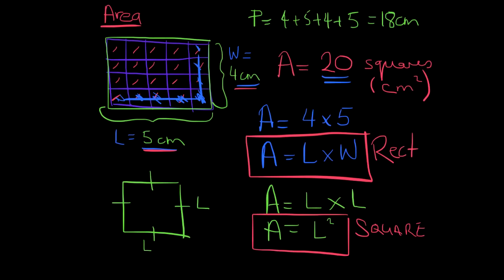The length times width formula would work for a square and for a rectangle, because they both have the same sort of properties. So really, you could just use one, but it helps to know both of them. It's good to know that the area of a square is L squared, and the area of a rectangle is length times width. So those are your two basic area formulas for squares and rectangles.